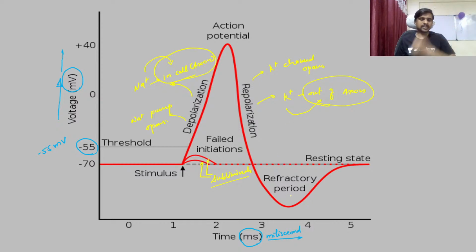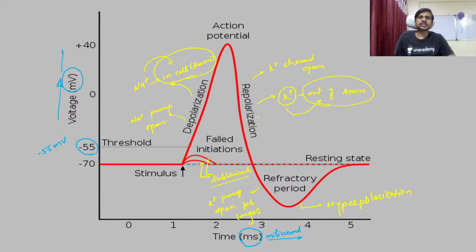Okay, and in the refractory period, if you see, the potassium pump is open for longer. So here you can say the potassium pump is open for longer, and it will result in the refractory period, or this phenomenon is called hyperpolarization.